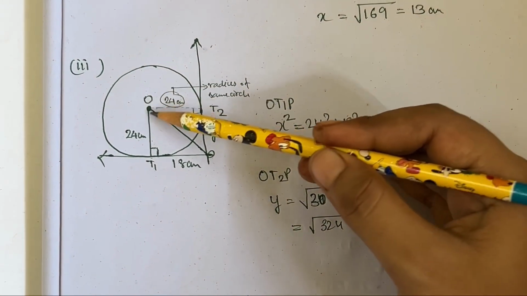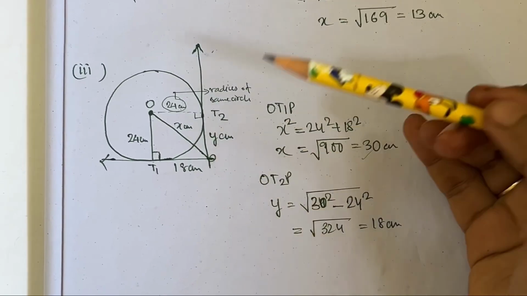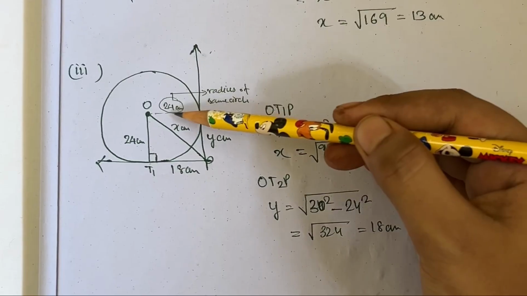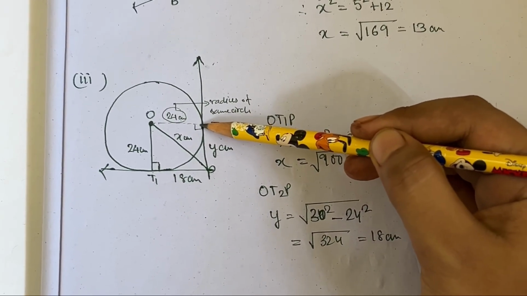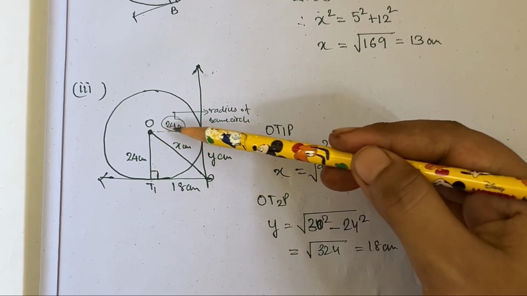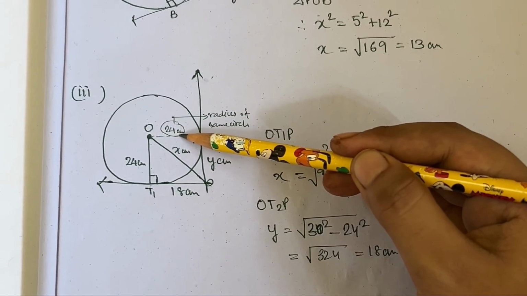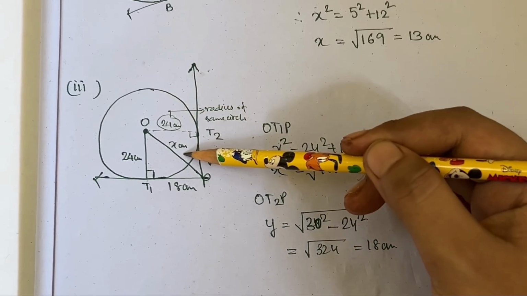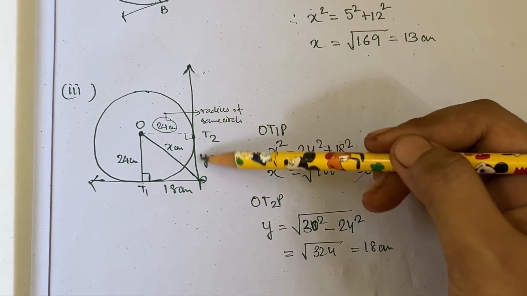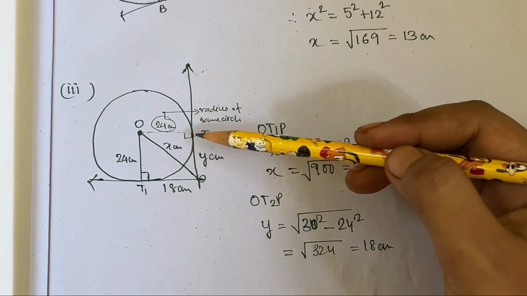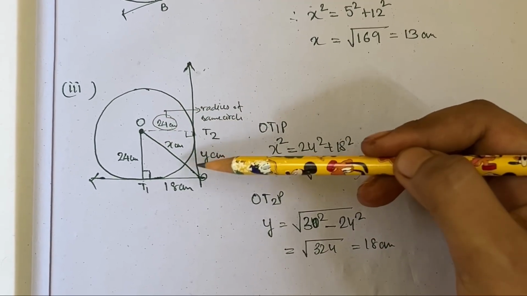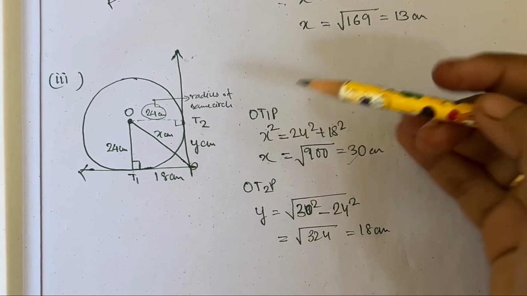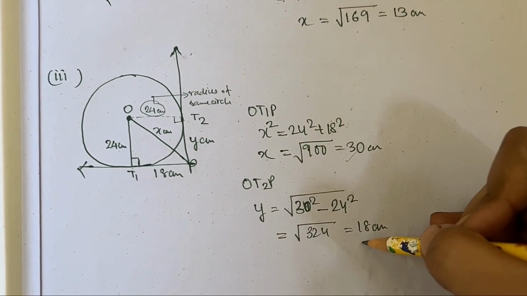Now for triangle OT2P, we will draw a dotted line on the T2 because that is from the radius. So that will come as 24 centimeter and we know x as 30 centimeter. So with that we will get y. So in triangle OT2P, y will be equal to 30 square minus 24 square, that will come as y as 18 centimeter.